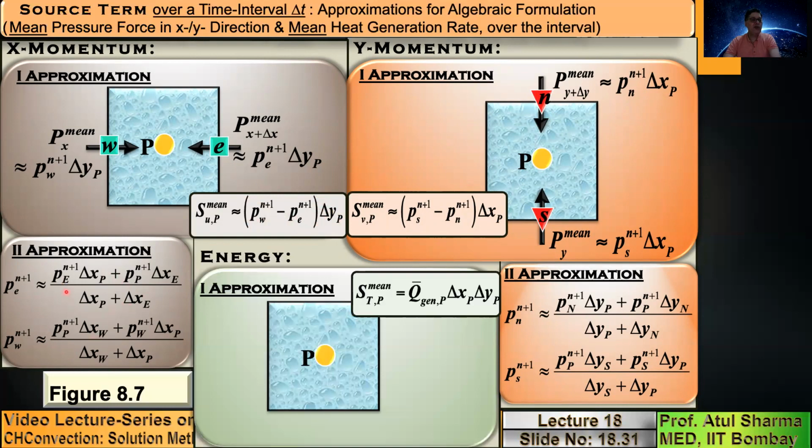For a uniform grid, the widths delta x of the control volumes are equal, so you get divided by 2, but if it's a non-uniform grid, this is the expression for linear interpolation in terms of the neighboring widths of the control volume. So this is the second approximation, called linear interpolation, for calculating the pressure on the east, west, north and south surfaces.